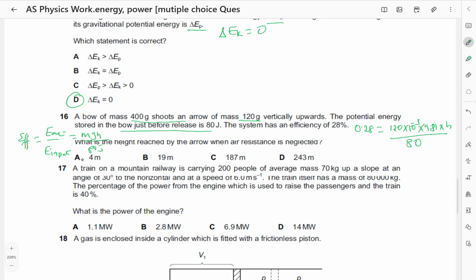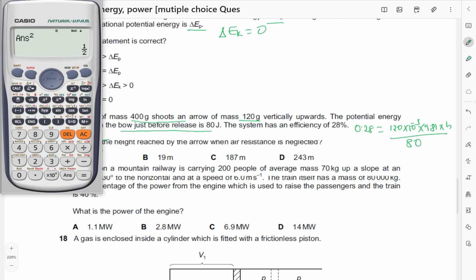The potential energy stored in the ball just before release is 80 joules. So that is what is put in to raise the arrow upwards. So we are now finding h. I'll just say 0.28 times 80, divided by open brackets 120 times 10 to the power negative 3, times 9.81.